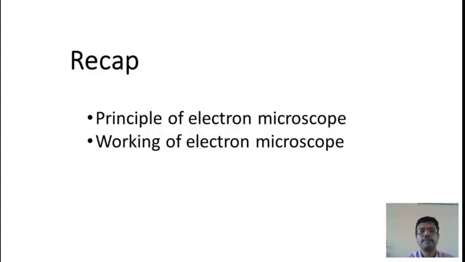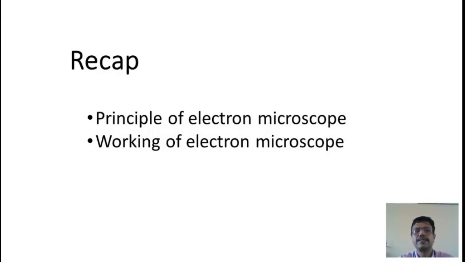Recap: the principle of electron microscope and the working of electron microscope. Microscope is an instrument used to get the magnified image of the object. Electron is a beta particle and it is deflected in the presence of electric as well as magnetic field.